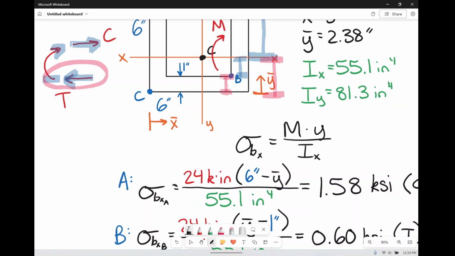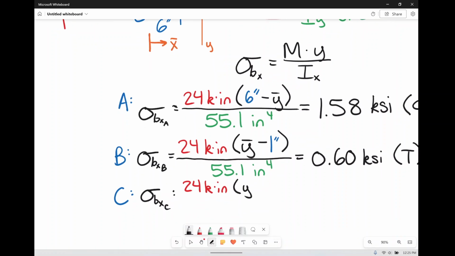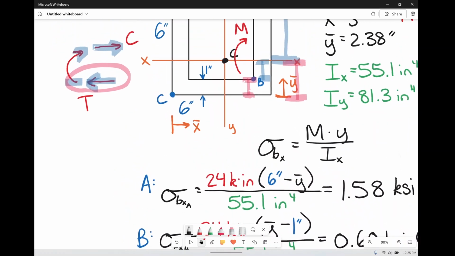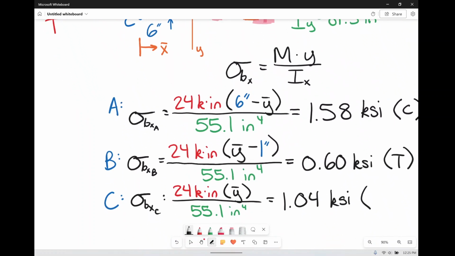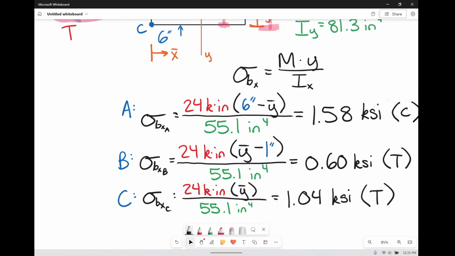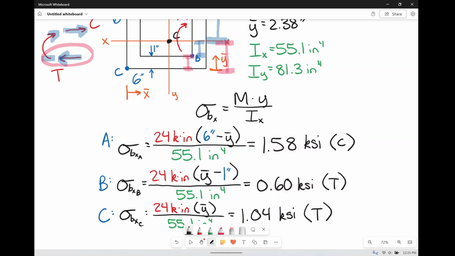Well, the distance that C is to the neutral axis is very simply y bar. That is quite simple. So y bar here, divided by I, again, 55.1 inches to the 4th. And we're going to find that for C, it's 1.04 KSI. And since it's on the side where the arrow is coming out of the face, that also makes it tension.